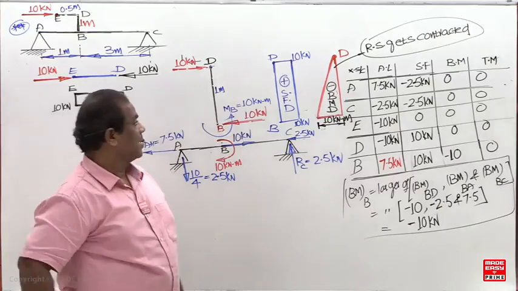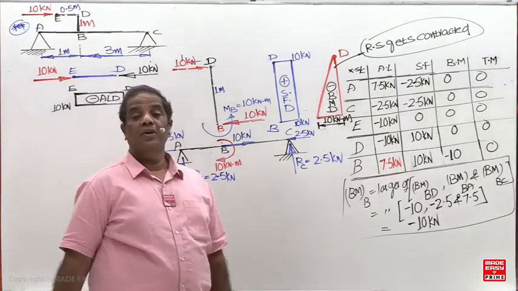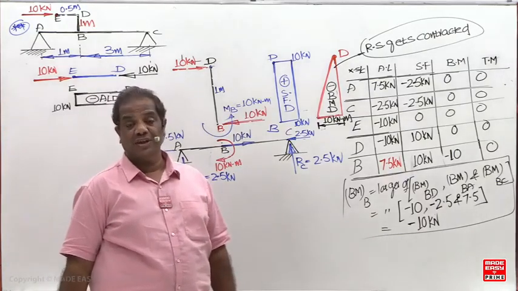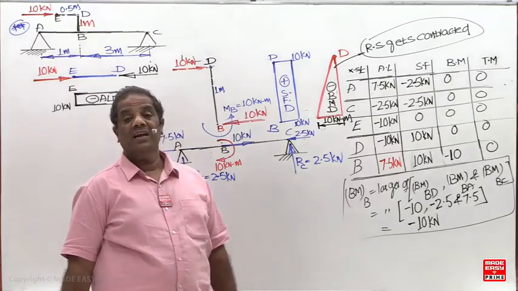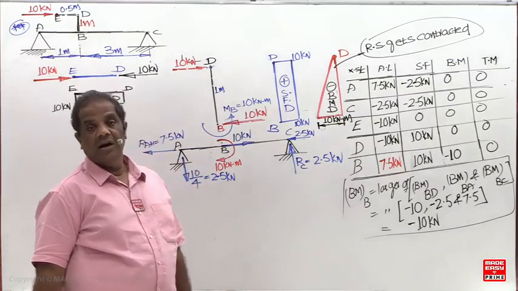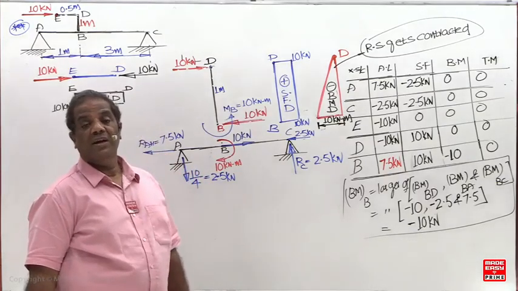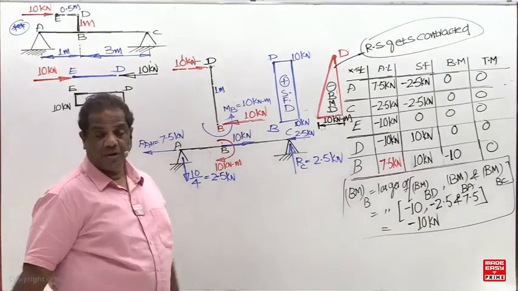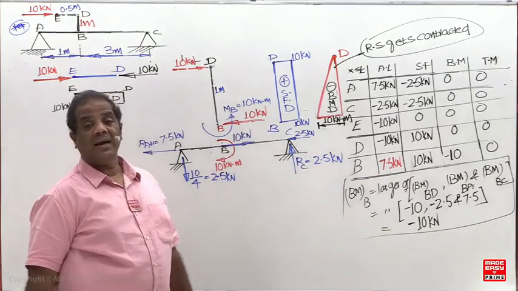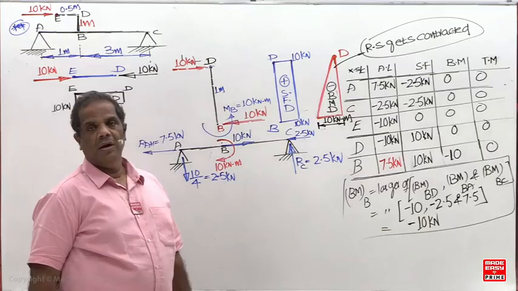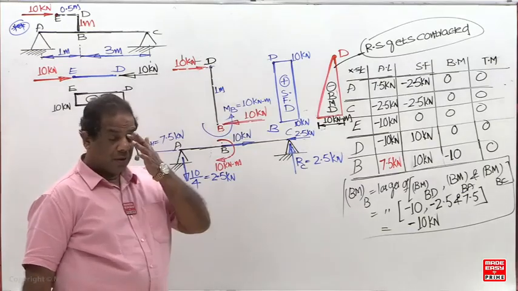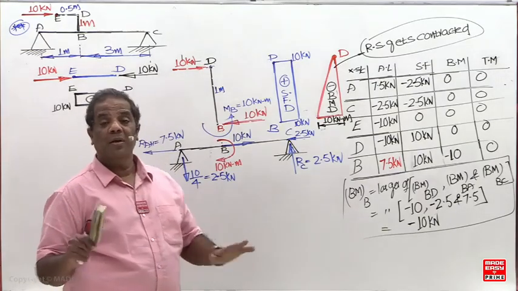Some students are asking, sir, how have you taken right side surface contraction? Why have you taken the right side surface contraction? Why have you taken the left side contraction positive? Why have you taken the back side contraction positive? Why is front contraction negative? Top contraction, nobody will get it out.